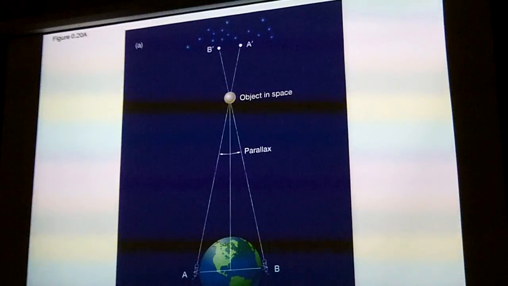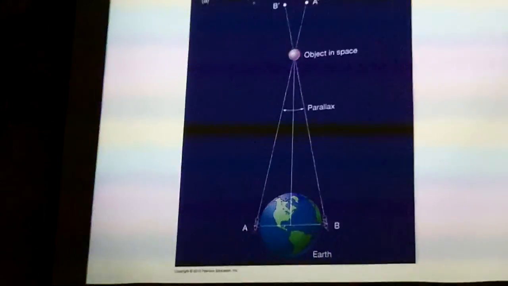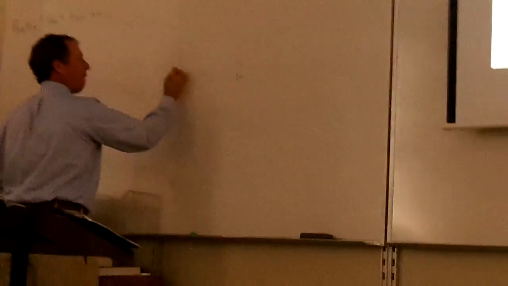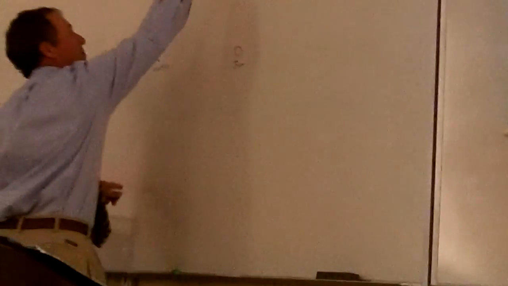Layla got it. Yeah. Here's the sun in the middle. Here's the Earth. Here's some faraway object. You can take a picture of the faraway object. 6 months later, the Earth's on this side. You take another picture from that side.